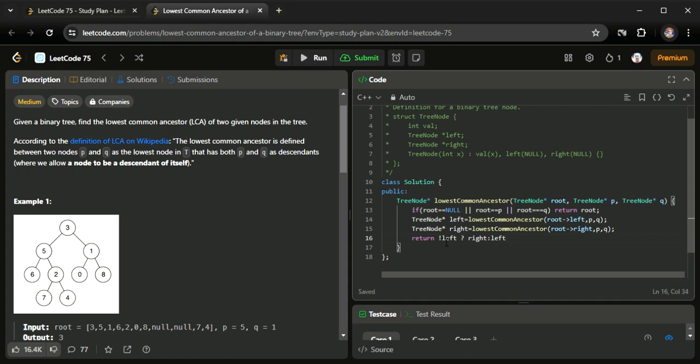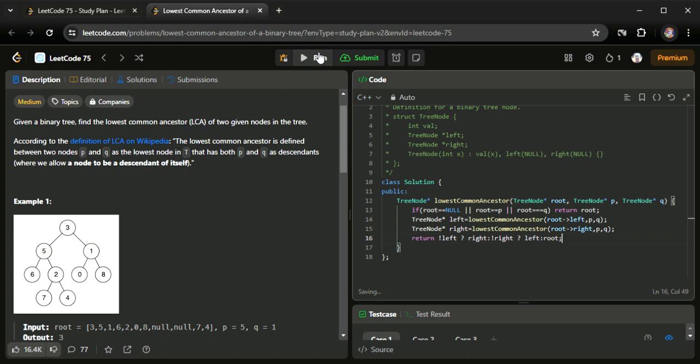Or if not left, or not right, then it will be left or root.